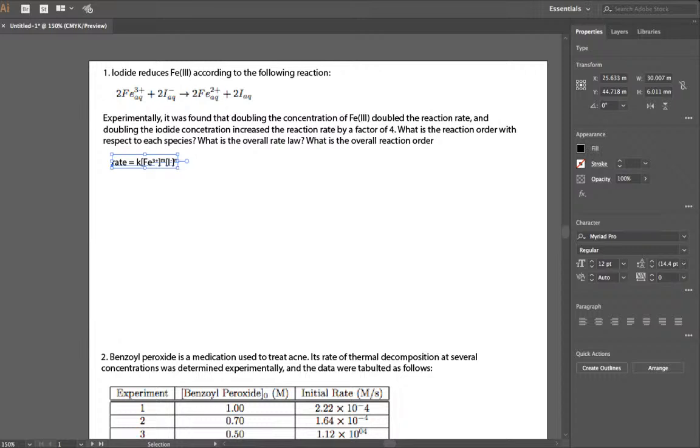Let's try to do something with this by doubling the concentration of Fe3+.